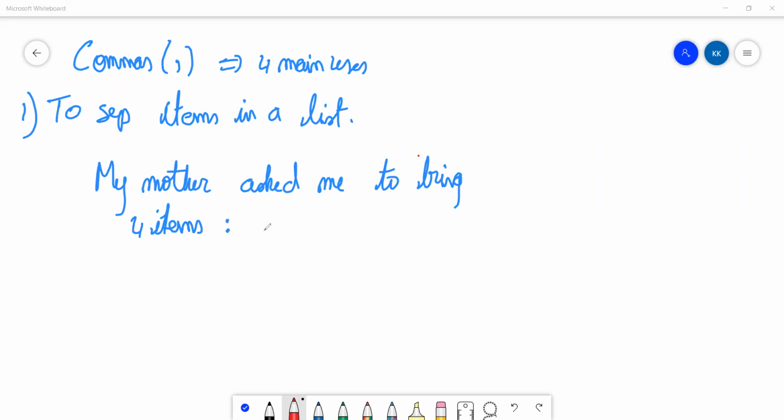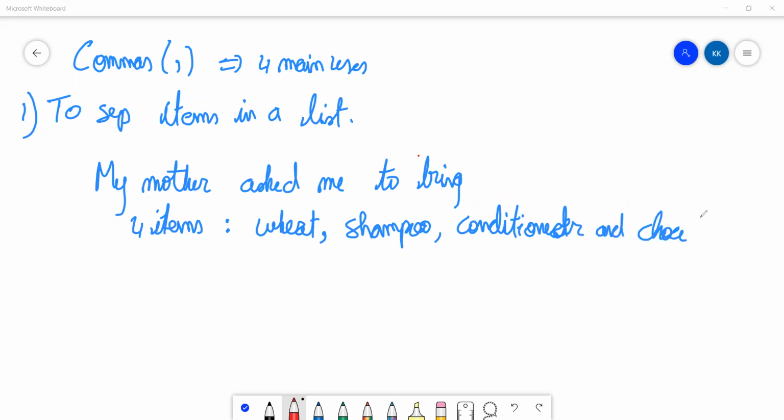Okay. And the list is something like this. Say wheat, shampoo, conditioner, and chocolate. Okay. So the logic here is you use a comma to separate each item on the list.